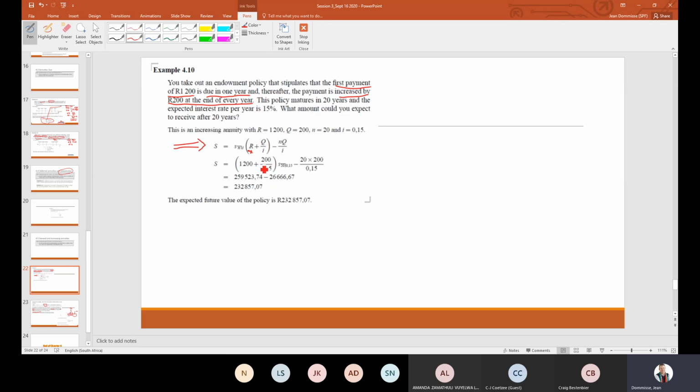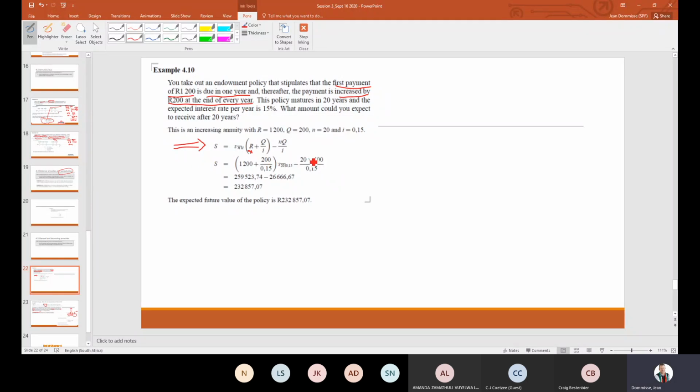This part looks at that extra 200 rand that you are adding. The reason why we are dividing it by the interest rate is because you are working again with that interest rate to make it cumulative or compounding interest. And then you need to deduct the portion that you are including in this.